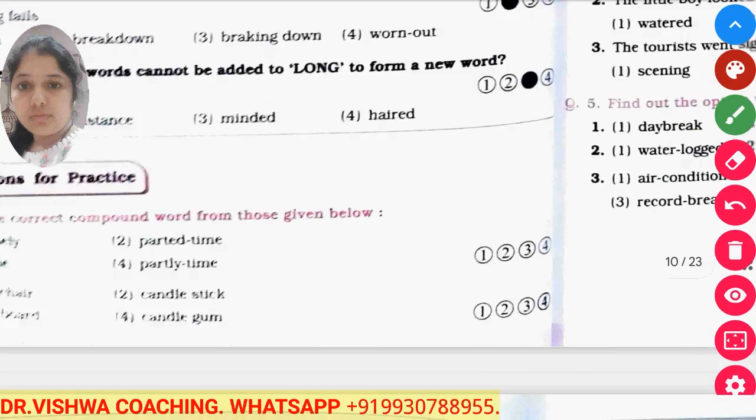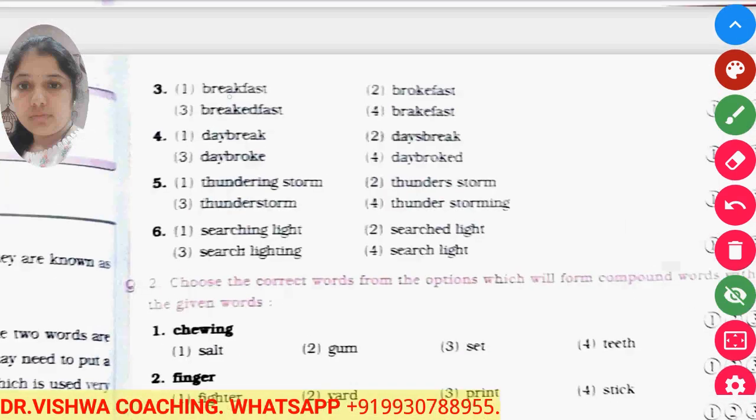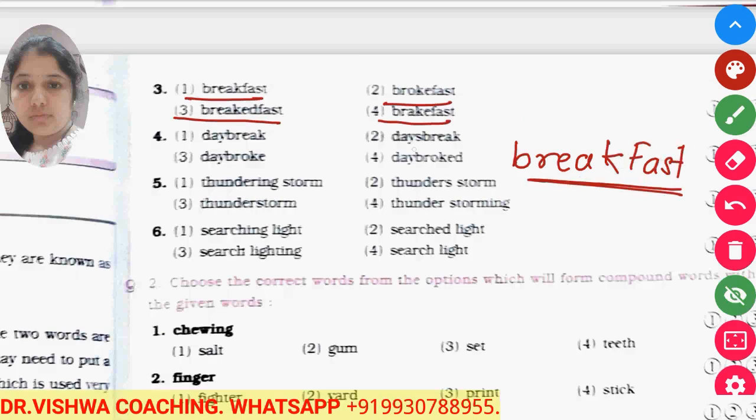Now the next one. There are some examples like breakfast, broke fast, breaked fast, and break fast. Now you have to identify the correct spelling and the correct compound word. Here the correct spelling for breakfast is BREAK, break, and FAST, fast.